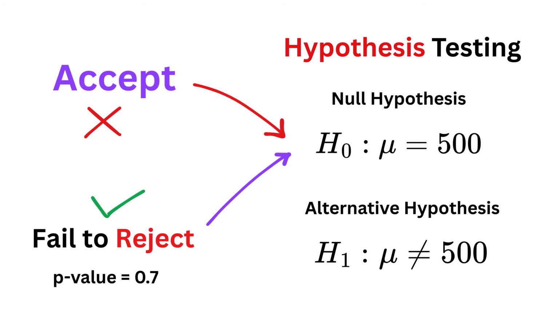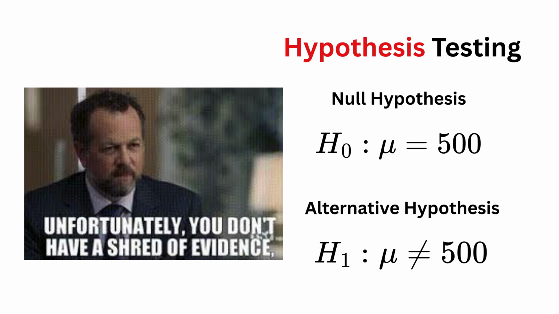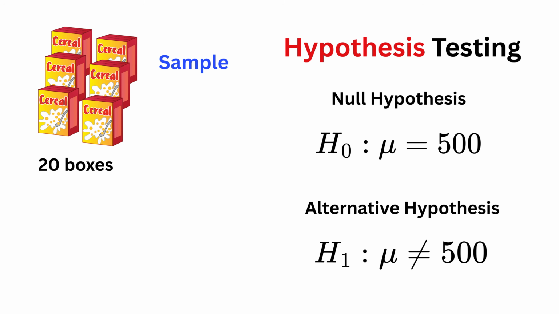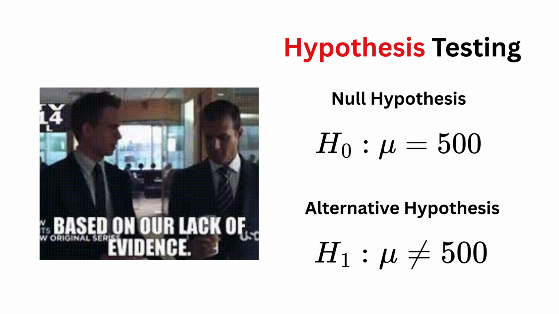That's on purpose. Because, just like in real life, the absence of evidence is not the same as proof. If you weigh 20 cereal boxes and they average 498 grams, it doesn't mean the company is definitely right. It just means you don't have enough evidence to prove them wrong.